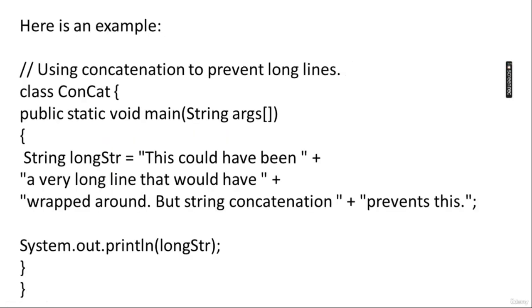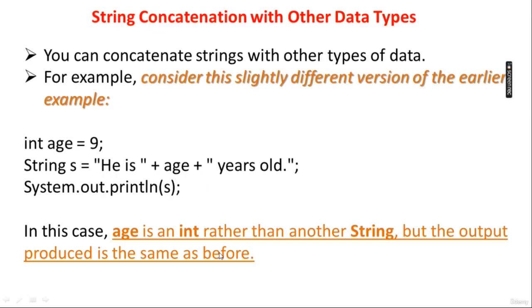Using concatenation here, this could have been a very long line that would have wrapped around, but string concatenation prevents this. If I had not used this plus operation, I would have had to write the text in a single line and then scroll to the right. But concatenation usage has prevented this. And then I am printing System.out.println(longString).